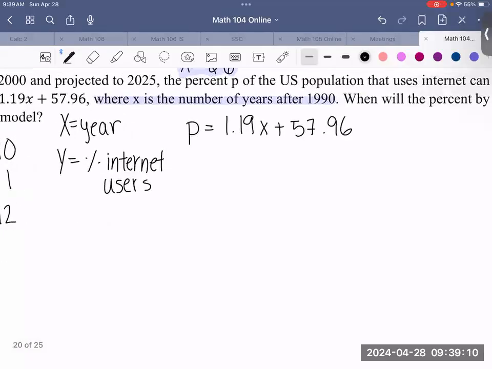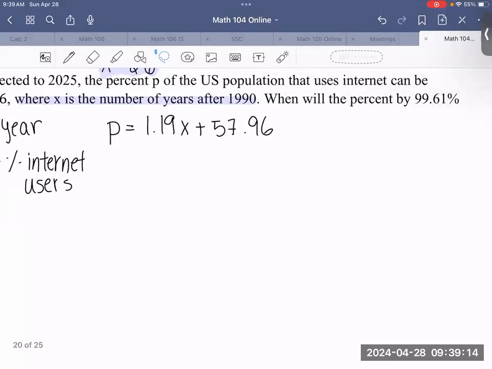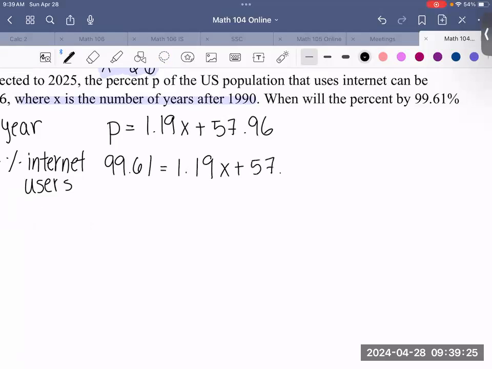So if we have the equation, we now need to figure out what percent we wanted to look at. Well, we have 99.61% is equal to 1.19x plus 57.96. This is your initial percentage.